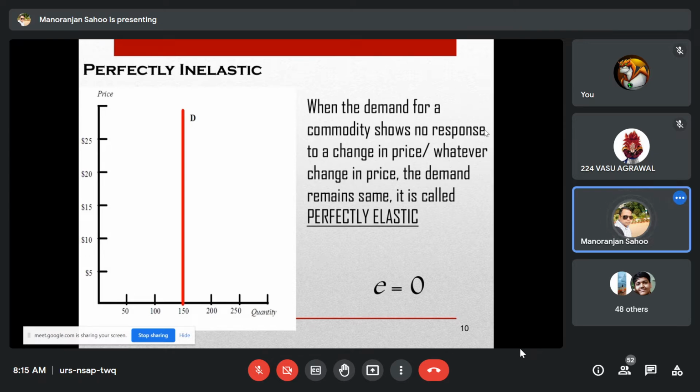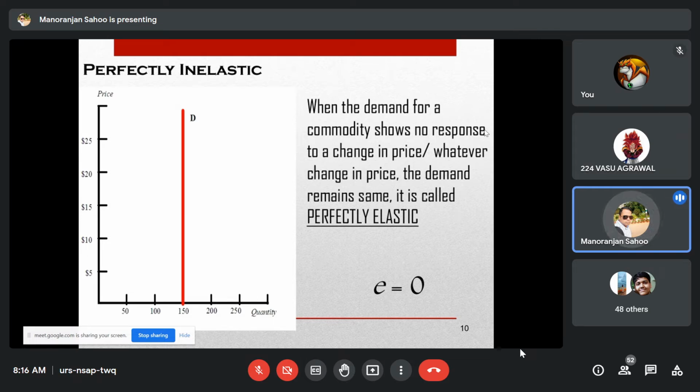Otherwise, when the price increases, we will just move to the substitute goods. For example, petrol: even though the electric vehicle has come, it is not a close substitute. It is not as efficient as petrol vehicles. So even if the petrol price is increasing, we are still purchasing the same amount of petrol.